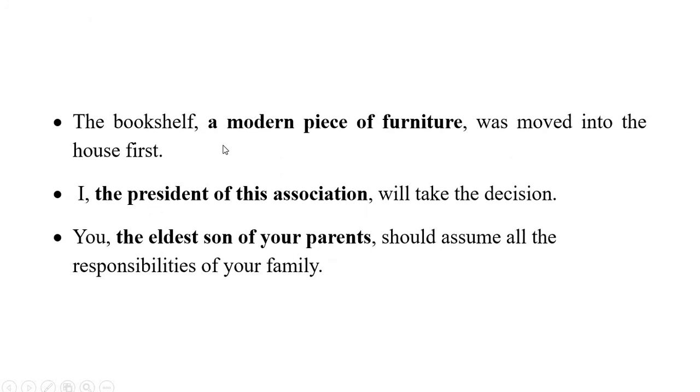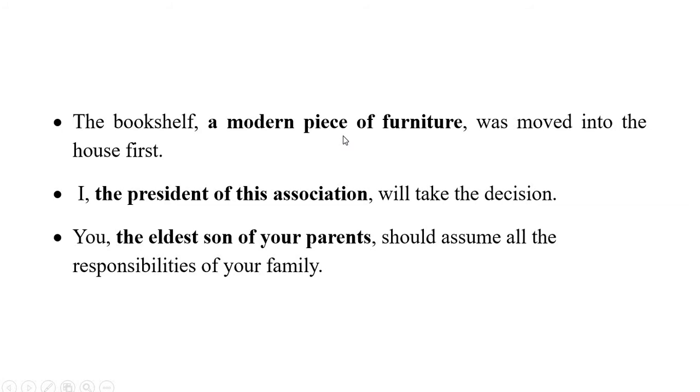I give you examples. The bookshelf, a modern piece of furniture, was moved into the house first. Here, a modern piece of furniture, it's a noun phrase, isn't it? Right? Here, what is its function? It functions as an appositive.